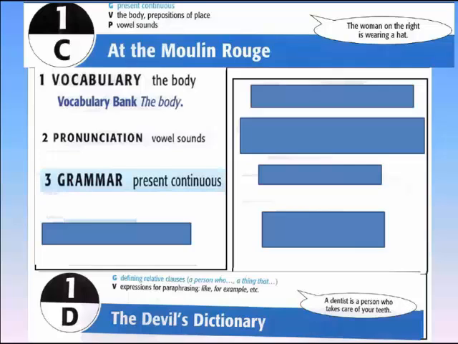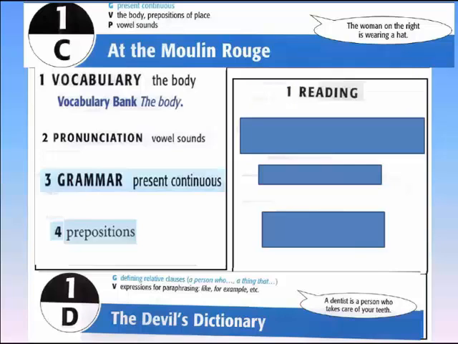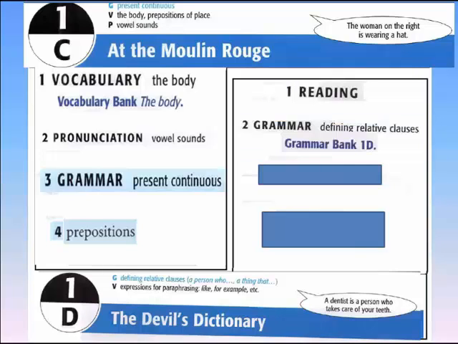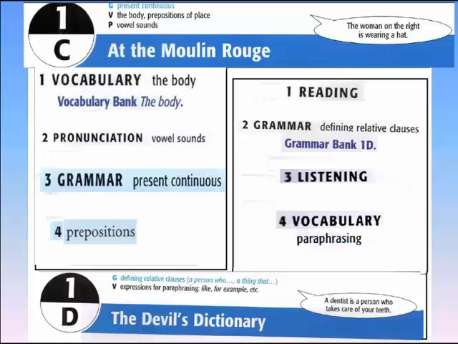Then we will have the grammar point on present continuous and the prepositions. In the case of 1D, we have a reading, we have the grammar associated to the relative clauses, there is a listening, and we have the vocabulary necessary to paraphrase, to say something in a different way when we cannot think of a word.